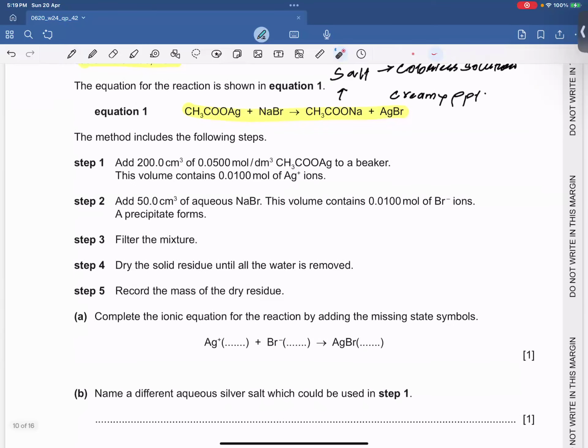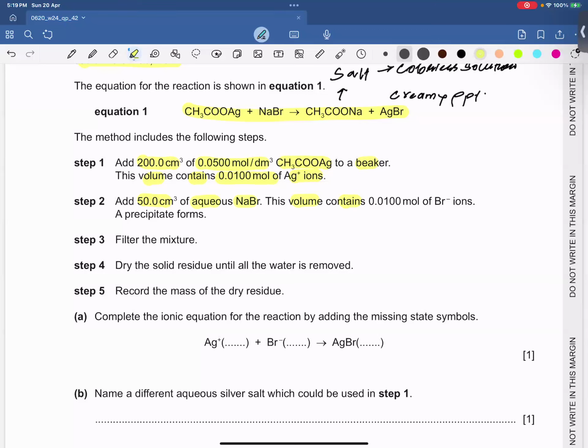And these two substances also have a colorless solution. Okay, 200 cm cube of 0.05 mole per dm cube silver ethanoate to the beaker. This volume contains 0.010 mole of silver ion. Let me check. Yeah, that's right. If you multiply these two values and divide by 1000, you will get moles of silver ions. 50 cm cube of aqueous NaBr.